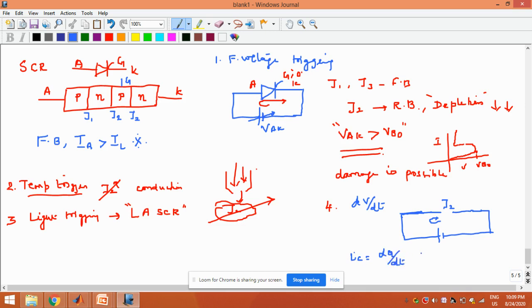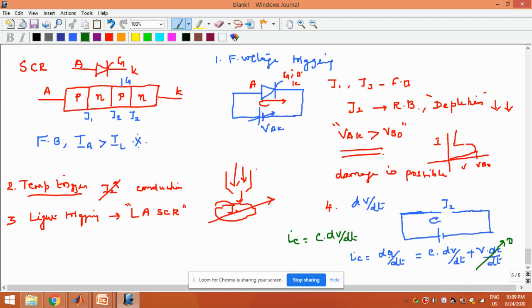So Q, we know that it is CV, so I can write C into dV by dt plus V into dC by dt. There is no change in the capacitance value, so I can relate this to 0. So we understand that IC is equal to C into dV by dt.